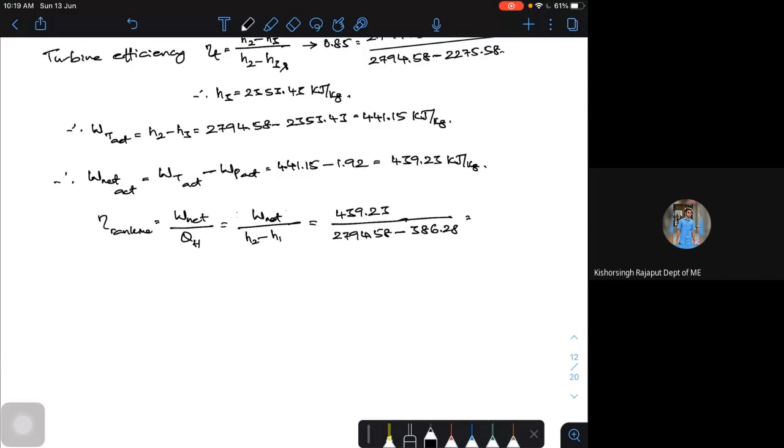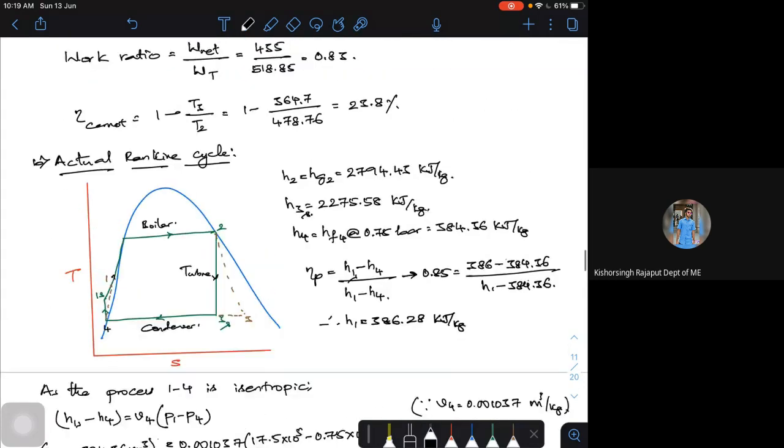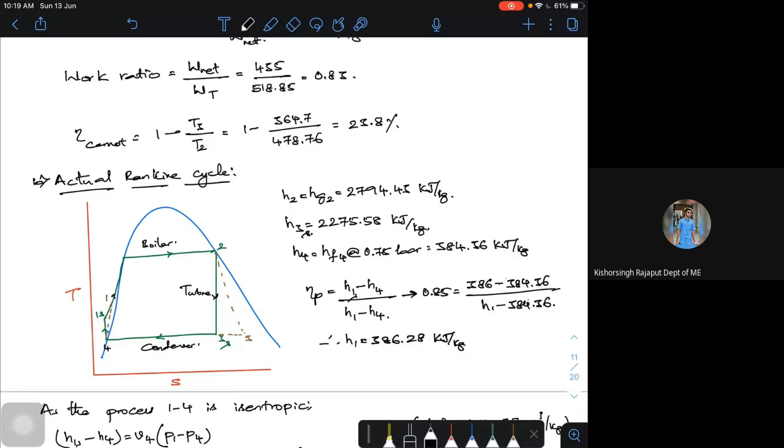I'm getting around 18.24%, which is less than your Carnot efficiency. So Carnot efficiency is 23.8%.